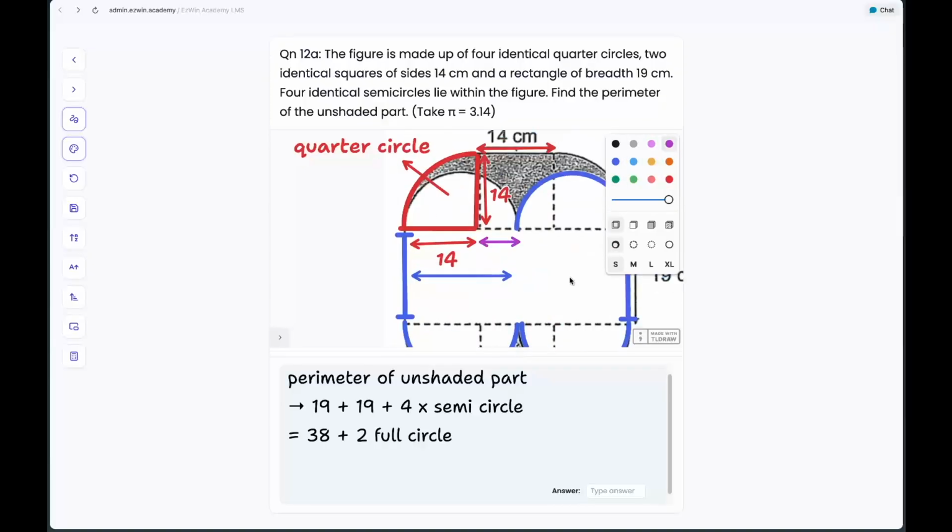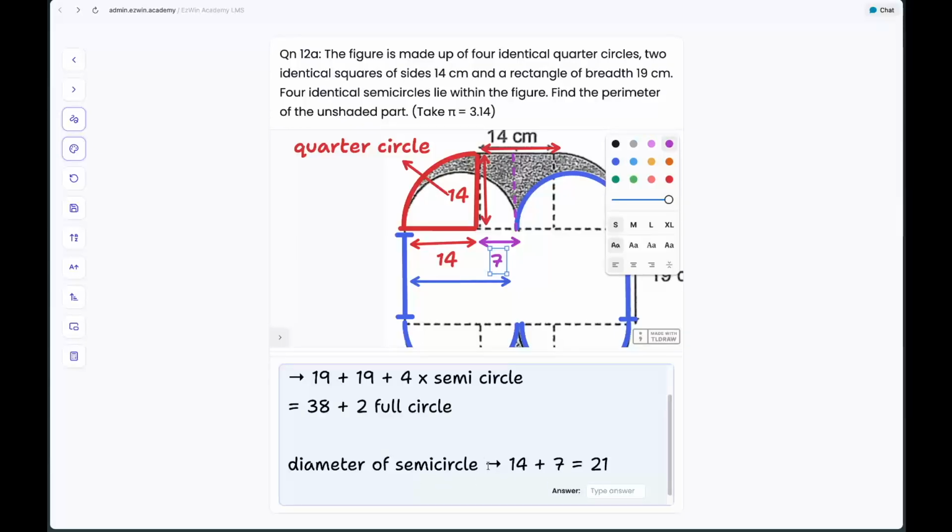Since we know this is 14, because if we just move down, this is 14, and this little purple part is basically half of it. Since 14 is half of this, that means this is 7 centimeters. With that said, the diameter of the semicircle is 14 plus 7, which is 21.